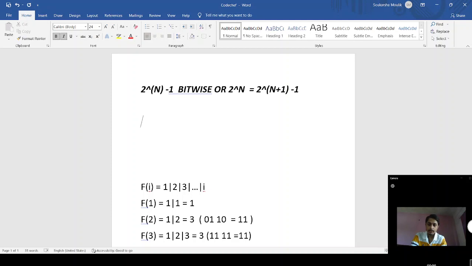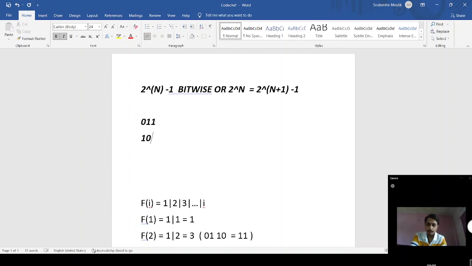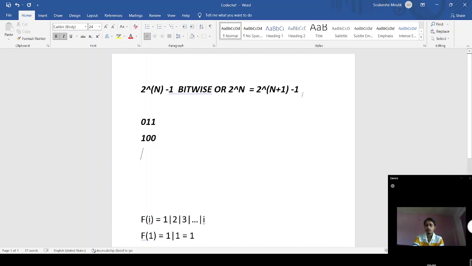So 3 is representable in the form of 0, 1, 1 in its binary representation. 4 is 1, 0, 0. So clearly I have to take a leading 0 here, because 2 to the power n will have n plus 1 bits. 2 to the power n minus 1 will have n bits, and we have to take a leading 0 in the MSB.